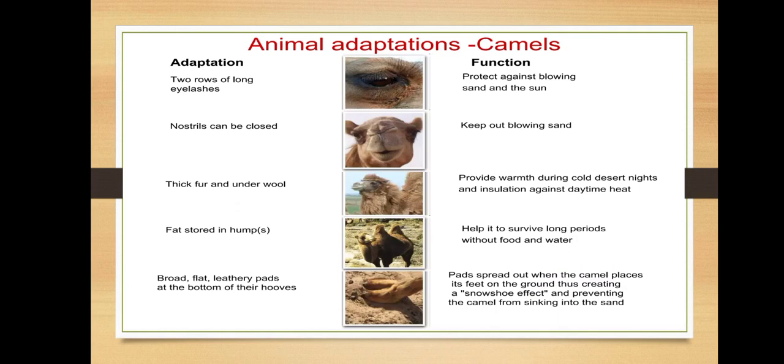Then fat stored in the hump helps it survive long periods without food and water. Then broad, flat, leathery pads at the bottom of their hooves spread out when the camel places its feet on the ground, thus creating a snowshoe effect and preventing the camel from sinking into the sand.